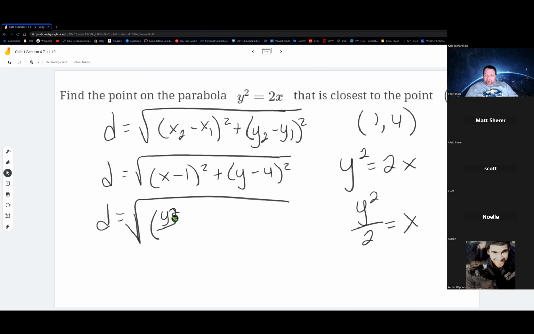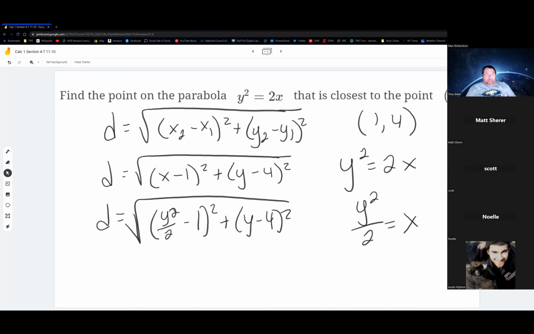Y squared over 2 minus 1 squared plus y minus 4. So there's my equation. All right, so again, we're looking to minimize this.